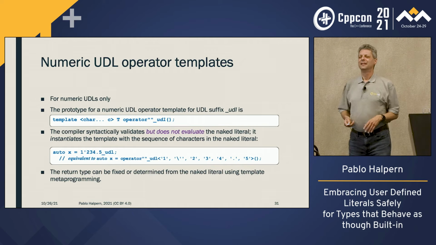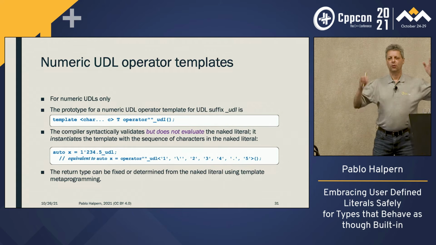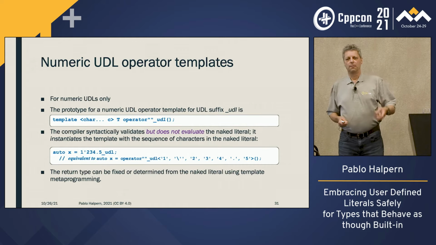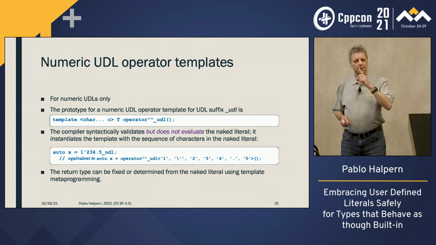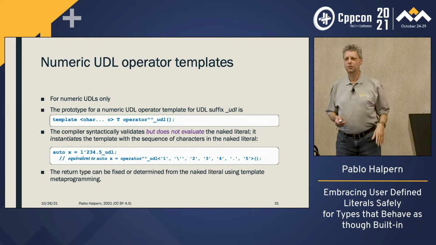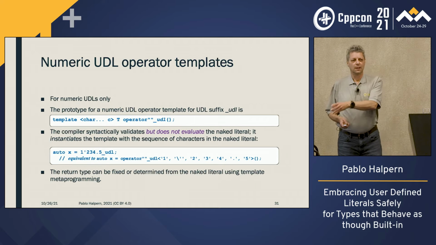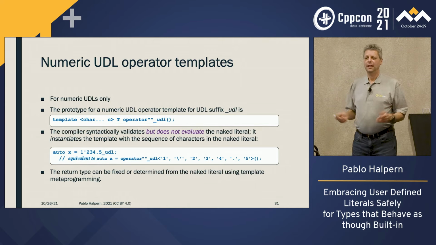In other words, it takes a sequence of ordinary characters from the source code, the source character set, and passes them to this operator, which will instantiate at compile time.